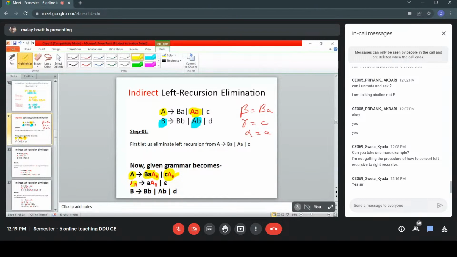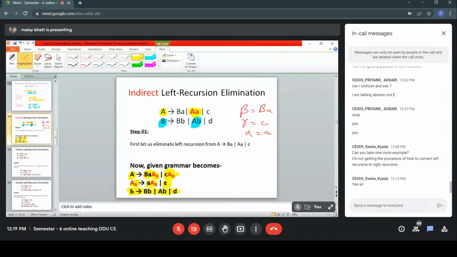So we'll write alpha AR, so it is A and AR, and null. Now this B will be as it is in the first step.